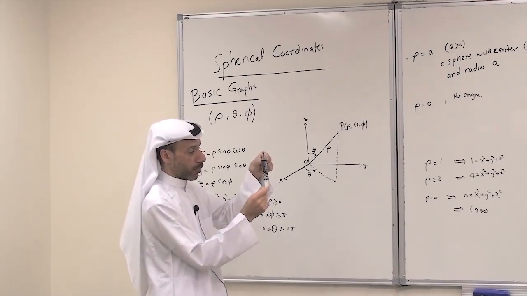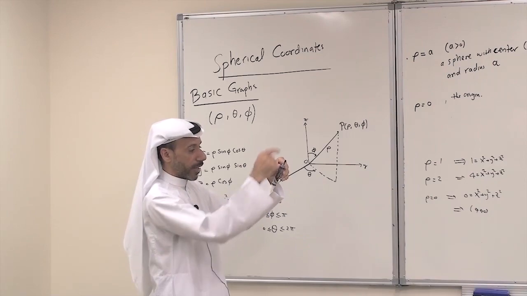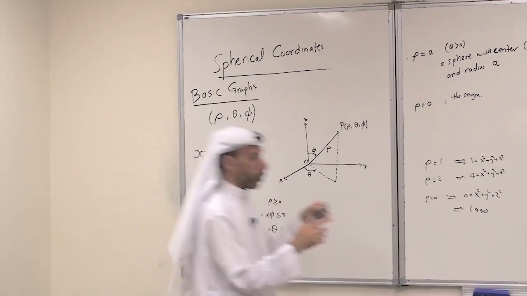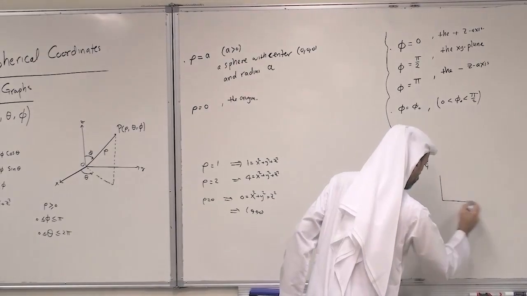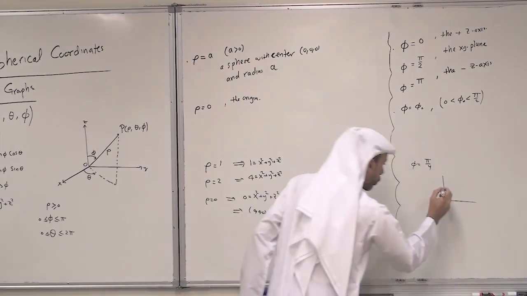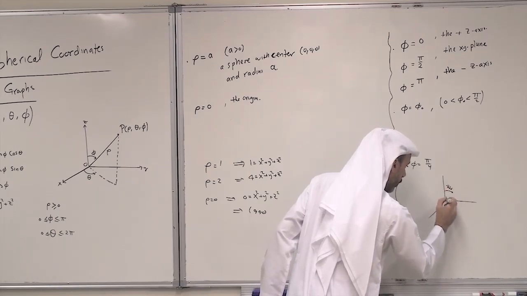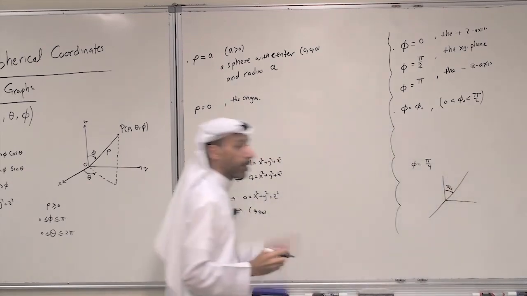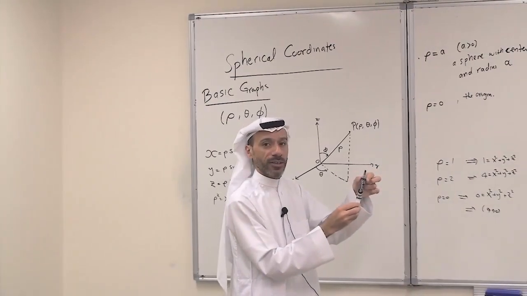If I rotate this z-axis an angle of pi over 4, I get another line. All of these lines make an angle of pi over 4. So this is a line in one direction, but I have to go in all directions.